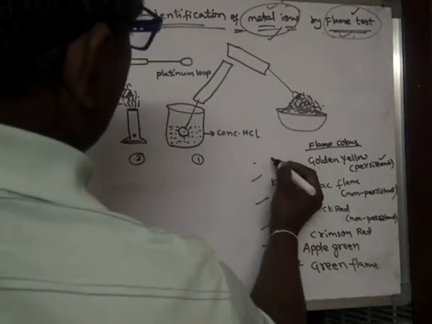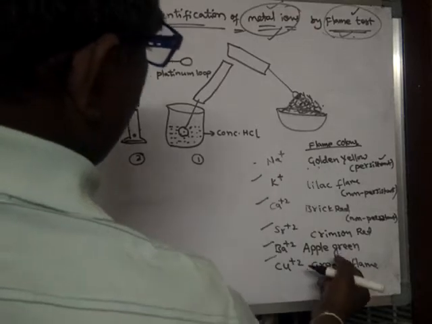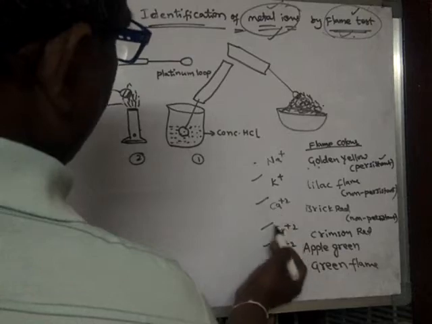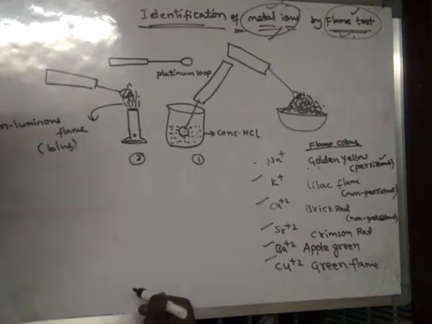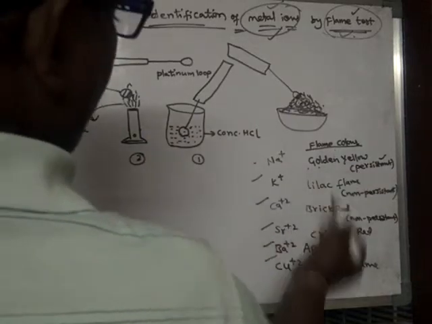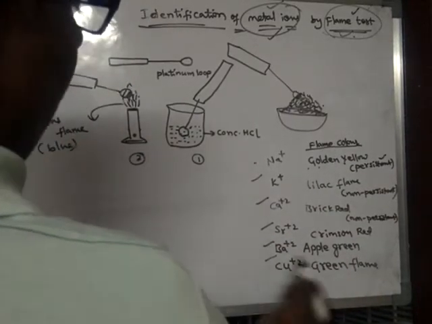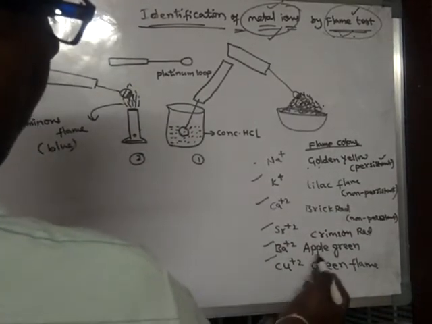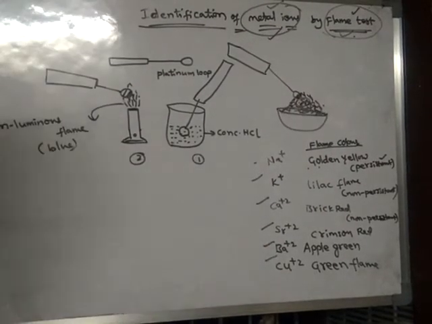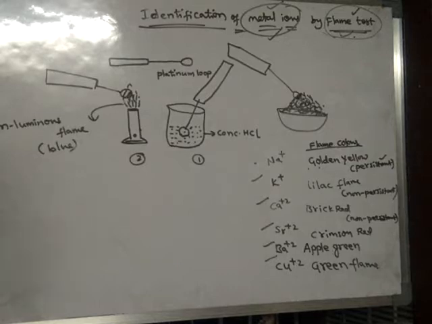If the color of the flame is crimson red, the substance has strontium. If the flame color is apple green, we can easily tell that the compound has barium ion, Ba+2. In this way we can identify metal ions with the help of the flame test.